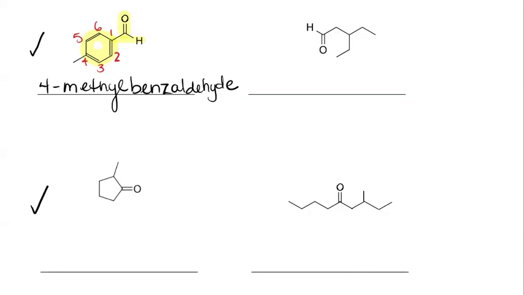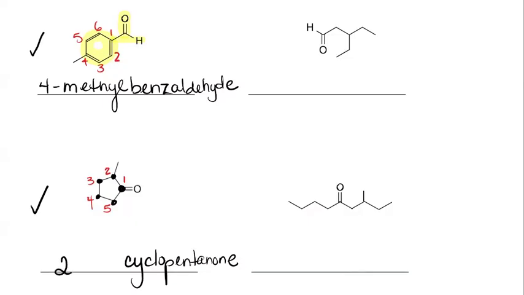And in that cyclic ketone, I can see that there is 1, 2, 3, 4, 5 carbon atoms. So this is cyclopentanone. Carbon number 1 is the carbon that is holding the double bond O. And in this molecule, I have to go counterclockwise, 2, 3, 4, 5 to give the substituent the lowest number.